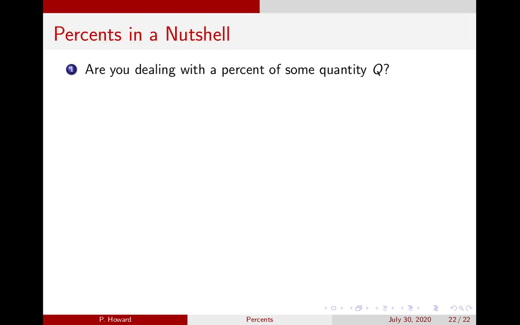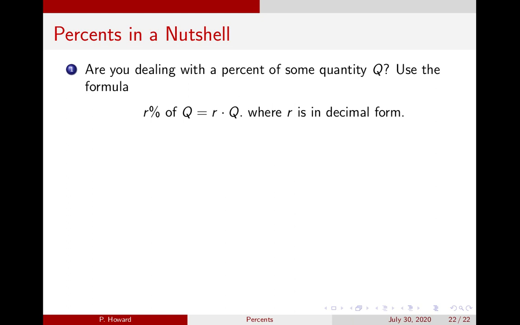All right, we're going to finish up with a quick summary of calculating with percents. So, number one, are you dealing with a percent of some quantity? The formula is that R percent of a quantity Q is R times Q, where R is in decimal form.